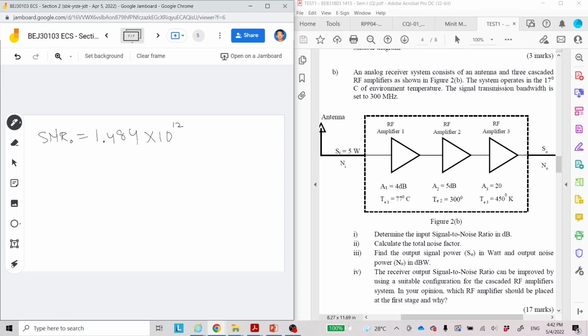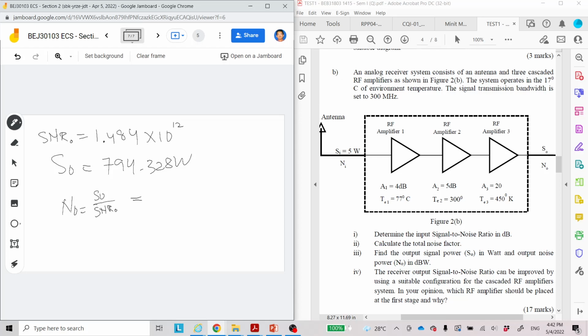SO is given as 794.328. In order to find NO: SNRO is equal to SO over NO. So therefore NO is equal to SO over SNRO.